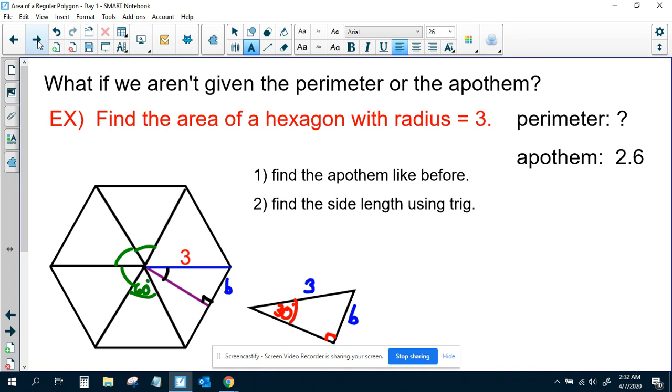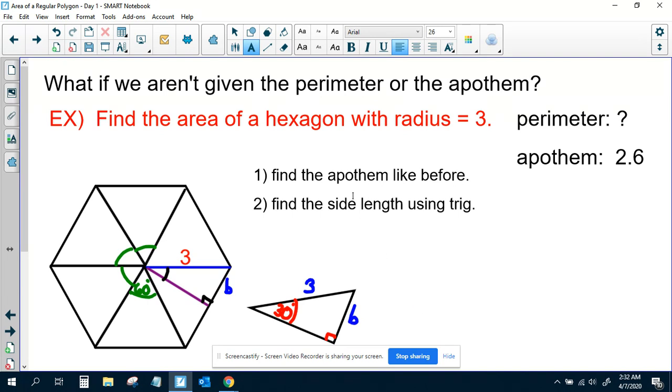This time, instead of using our trig function to get the length of the purple segment, the apothem, we're going to use our trig function to get this section right here, this b that I'm calling. Because we have this right triangle again when we drop the apothem in, we can use our trig functions to find this segment.